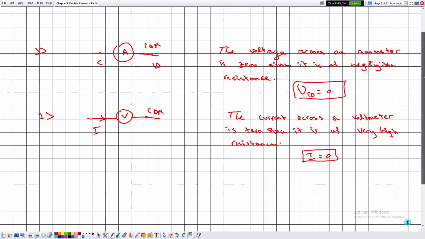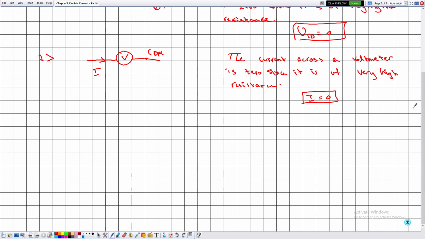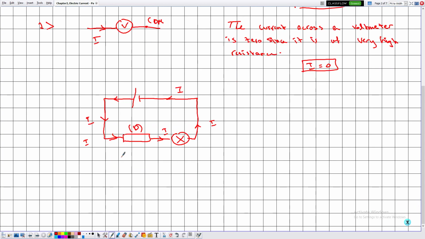Okay, and let me give an example by considering an electric circuit. Suppose that we have a battery, and here we have an electric component D. We don't know the nature of this component. We have a lamp L. So this circuit is said to be a closed circuit, being traversed by a current I. And now suppose that we connect a voltmeter in parallel to D. We know that a voltmeter measures the voltage.